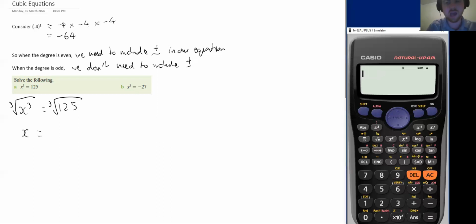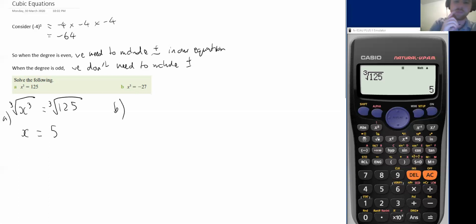And we can just use our calculator to work this out. Now you could do this in your head. It's going to be 5 because 5 times 5 times 5 is 125. Let's see if I'm right. We can just go shift cube root 125 and it gives us 5. I was right.